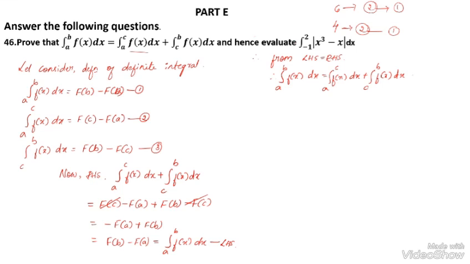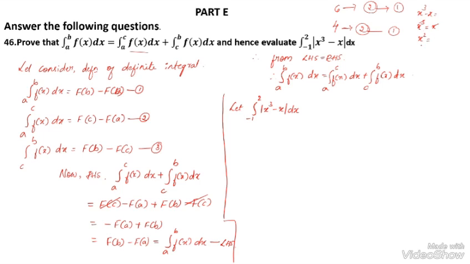Now I can evaluate the integration. Here I can solve the problem. Let integration -1 to 2 of x cubed minus x dx. First, considering x cubed minus x, it can be taken as x cube equals x.